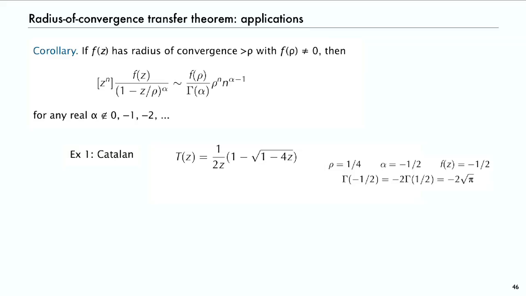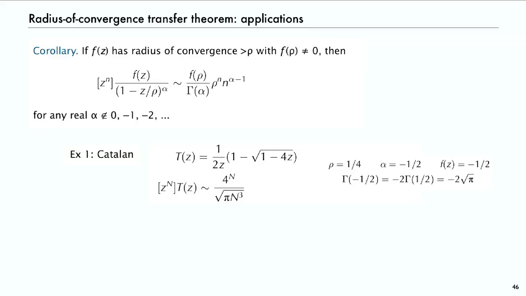And so we wind up needing gamma of minus 1/2, and that's minus 2 times gamma of 1/2, just because gamma of alpha plus 1 equals alpha times gamma of alpha, so that's minus 2 square root of pi. Well, you plug it all in, and maybe it's easiest to think about it by just multiplying both sides by z, and then apply these exactly.